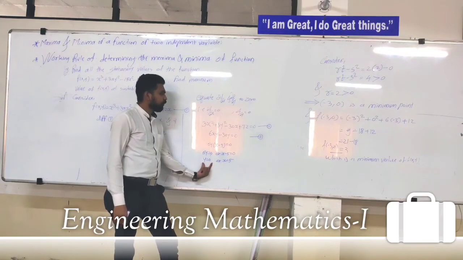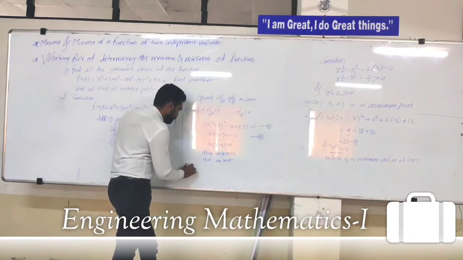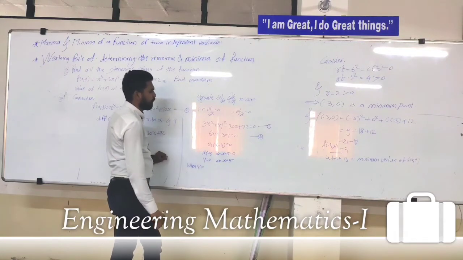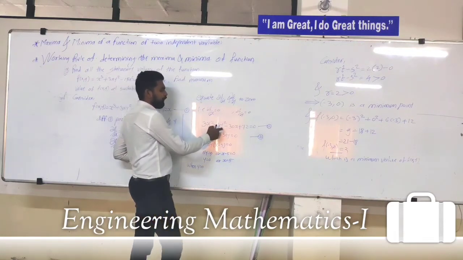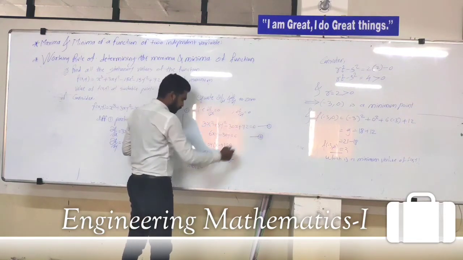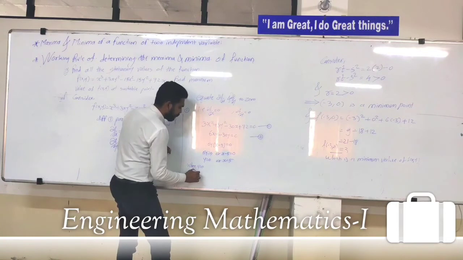Then the value of y will be 0. When y is equal to 0, we find the corresponding value of x by substituting y is equal to 0 in equation number 1.